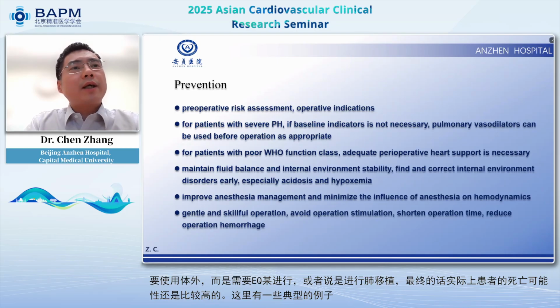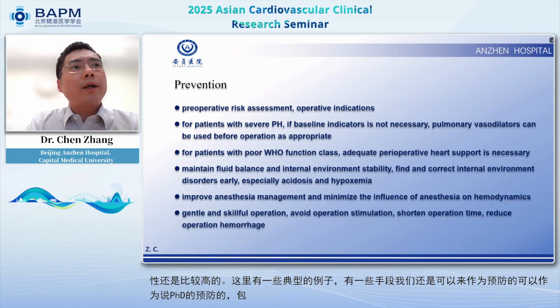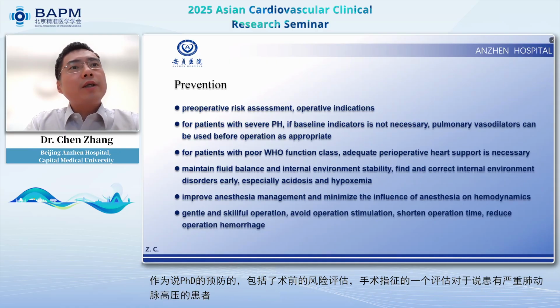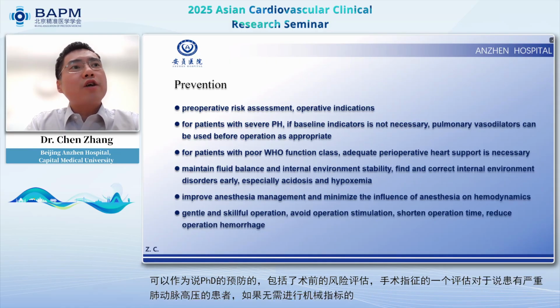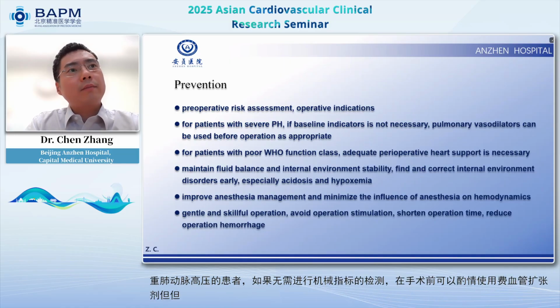Some measures can be taken to prevent the occurrence of PHC, including careful preoperative risk assessment, and pulmonary vasodilators used before operation as appropriate. For patients with poor WHO functional class, adequate perioperative heart support is necessary.